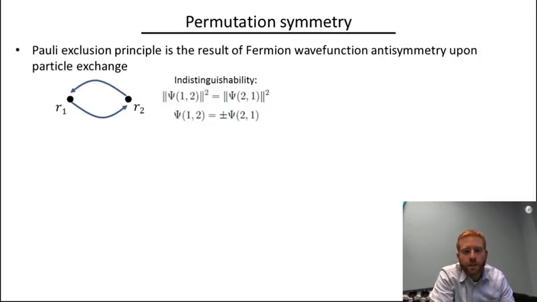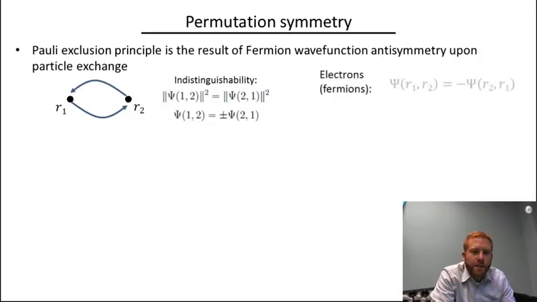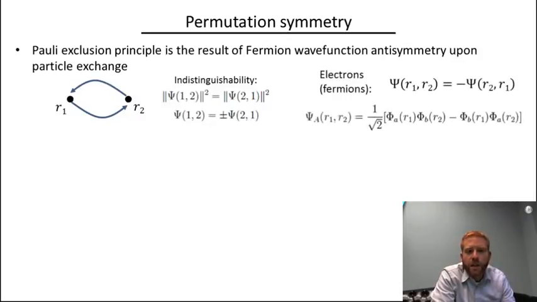These correspond to bosons and fermions with integer or half-integer spin, respectively. Electrons are spin 1/2 fermions, and so acquire the negative sign upon particle permutation. For a two-electron system, a convenient normalized real space wave function satisfying this constraint is given here. Switching coordinates r1 and r2 is the same as multiplying by -1.